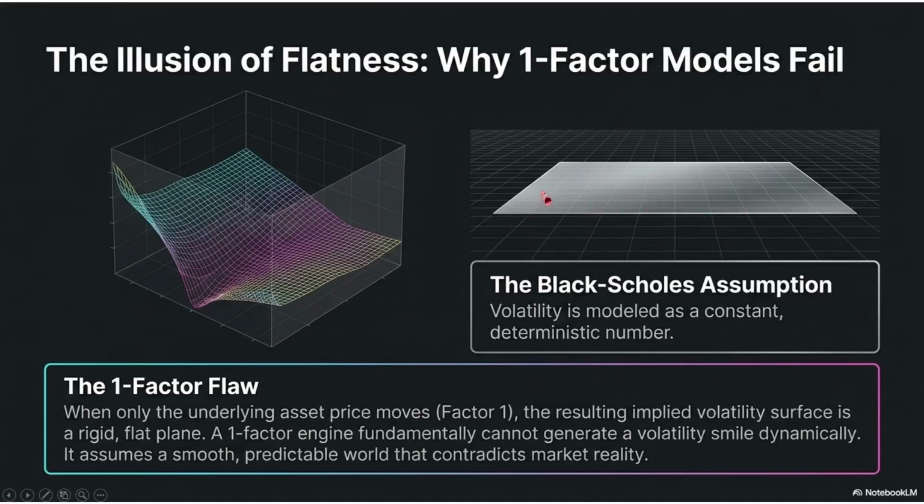The fundamental one-factor law is that when only the underlying asset price moves, the resulting implied volatility surface is rigid. A one-factor engine fundamentally cannot generate a volatility smile dynamically because it assumes a smooth, predictable world that contradicts the market reality.